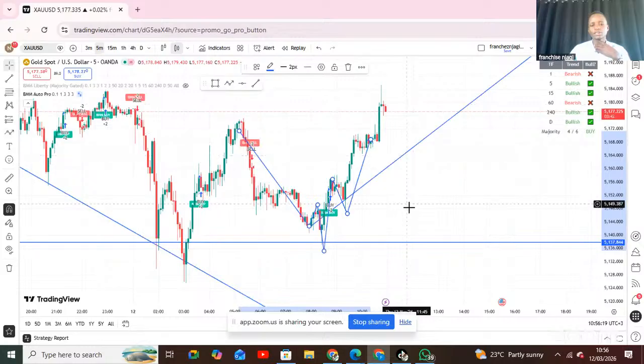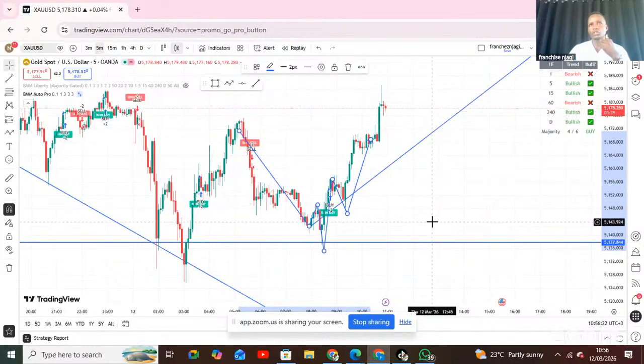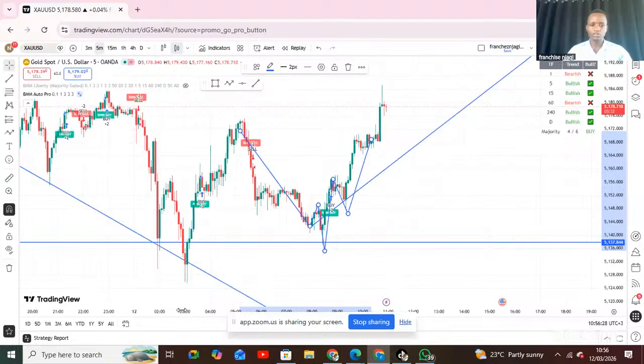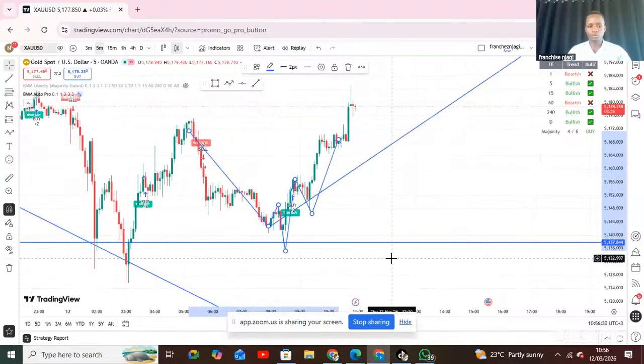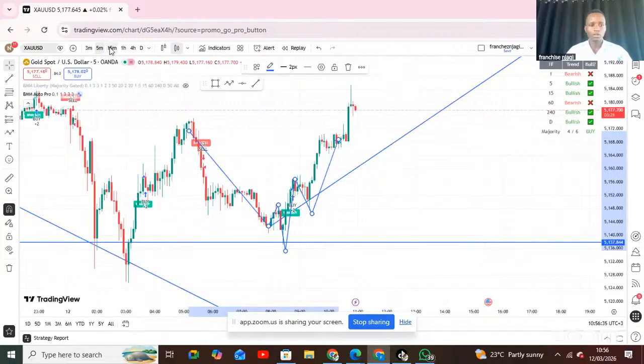So never take your trades if you don't have a confirmation entry. The price will get to your position, but you must wait for the confirmation entry on your lower time frame zones.